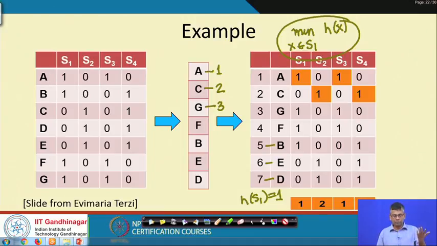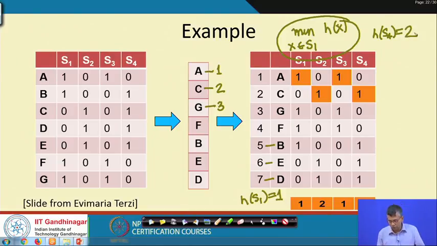S4 might be more interesting. In S4, although it contains B, according to this ordering C comes earlier than B. So, h of S4 is also due to C, which is equal to 2.